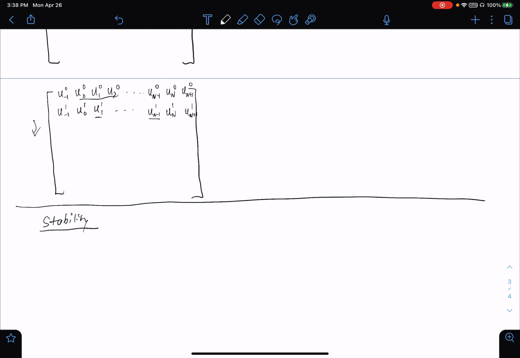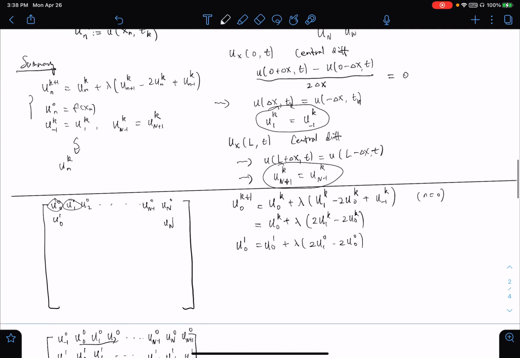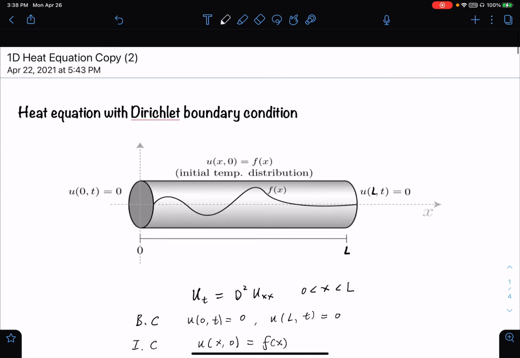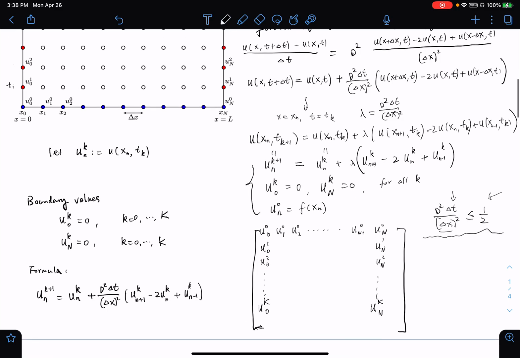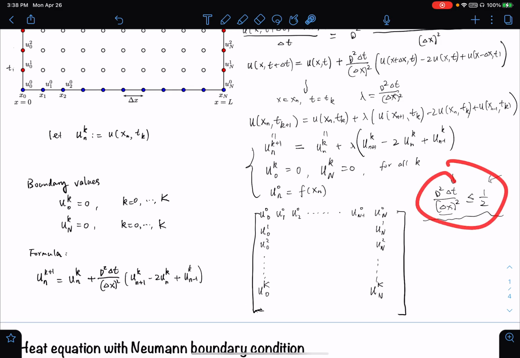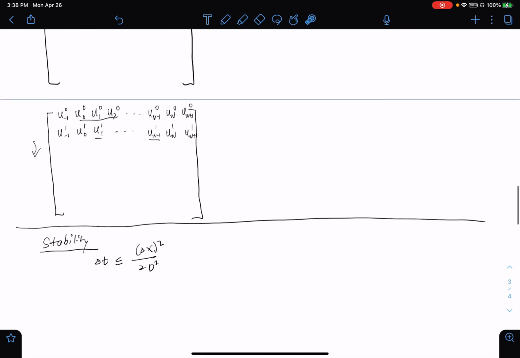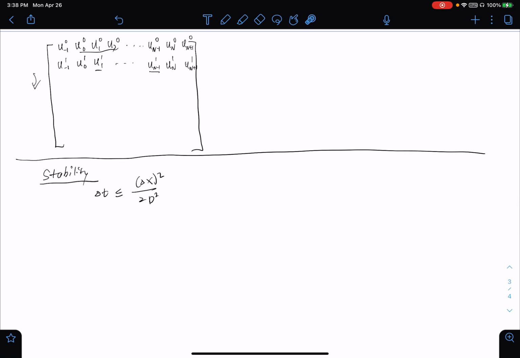We need to have delta t less than or equal to delta x squared over 2D. So this is the same stability with a different form, maybe, as here. In other words, we cannot choose a very small spacing or step size for the space coordinate without choosing a very small time step.